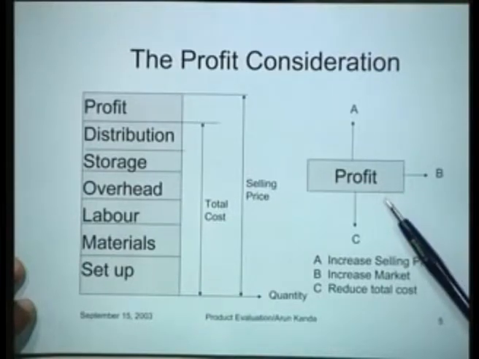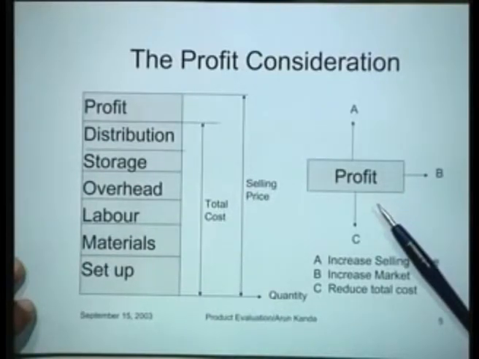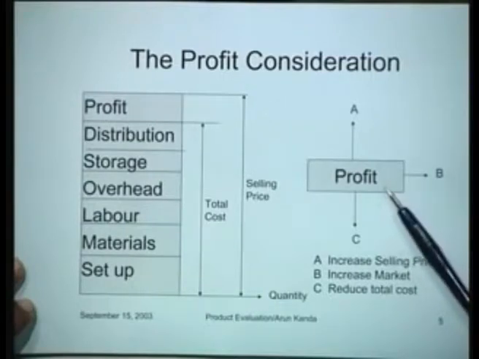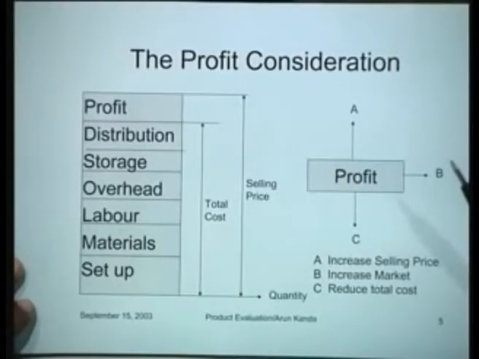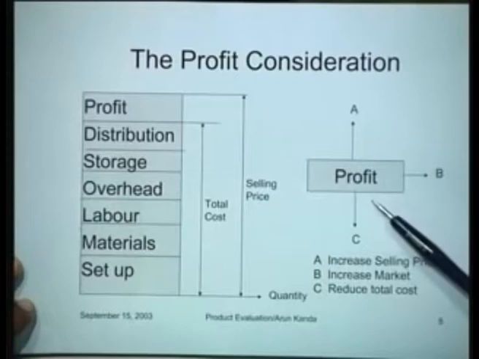In fact, the objective of most companies is to increase the area of this rectangle. And isn't it quite surprising that most production managers and other CEOs of the company are actually hired to basically maximize the area of this particular profit rectangle, right? So let us see, if we were to maximize the profit, because that is one of the major concerns of the organization, what are the strategies that it can follow?